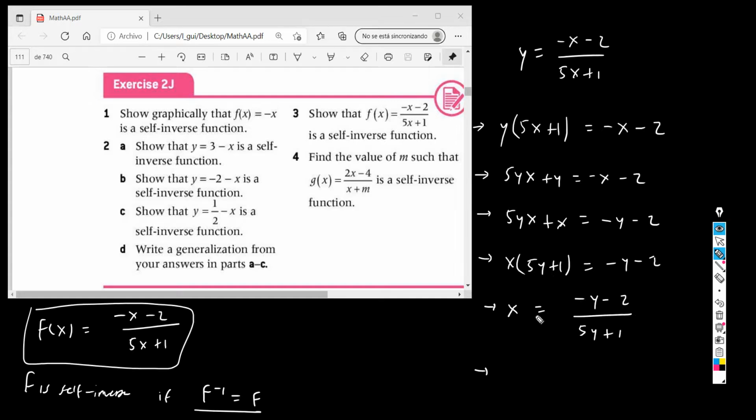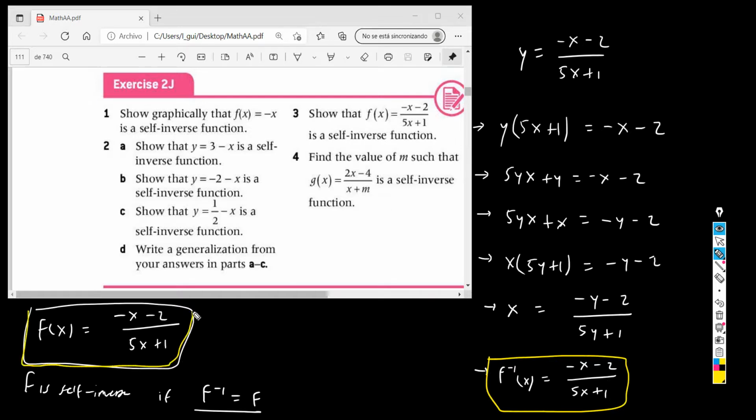And once I'm done with the isolation of x, I write f inverse of x instead of x, and instead of y, I should write x. And there you go. This is f inverse of x for this original function.